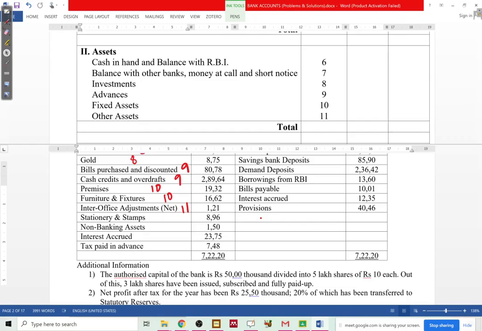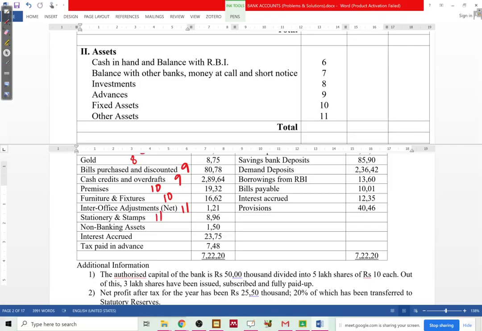Is it a fixed asset? Stationery and stamps, is it a fixed asset? No, it's not a big long-term asset. It will come under other assets, schedule 11. Stationery and stamps is like small things, small types of stationery. You know, you have those checkbooks, pay-in slip books, so much paperwork that goes into banks, all that the bank is maintaining. They have stock of it. So it's like stock, it's like other assets.